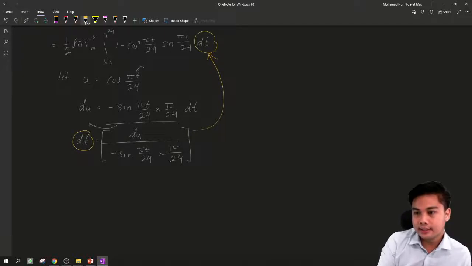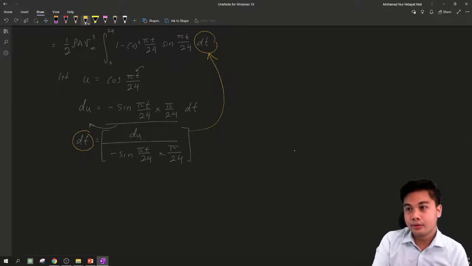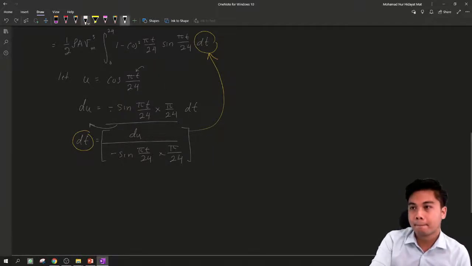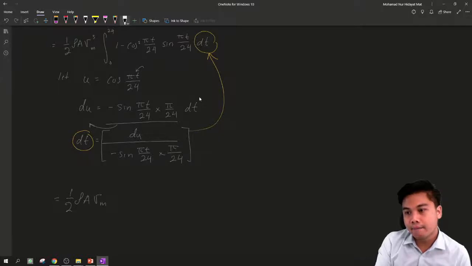So the energy here again is equal to 1 over 2 rho A Vm cubed, integration from 0 to 24 hours.